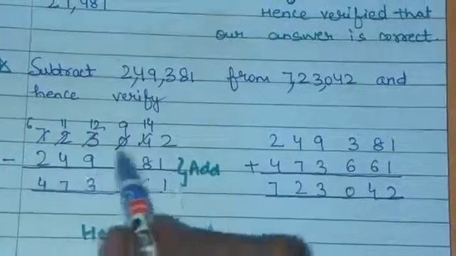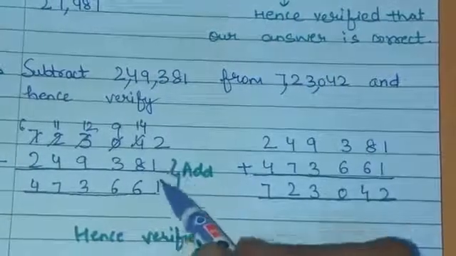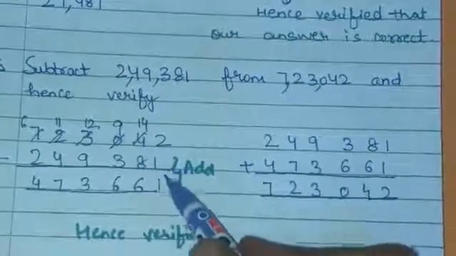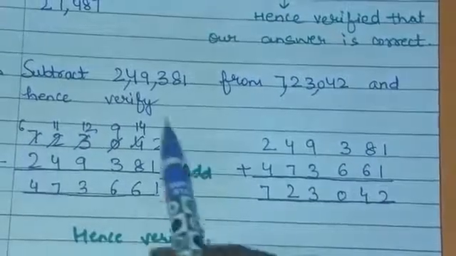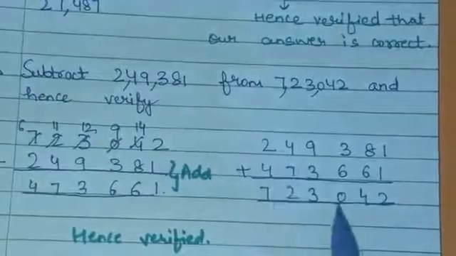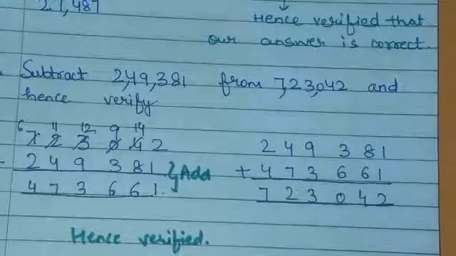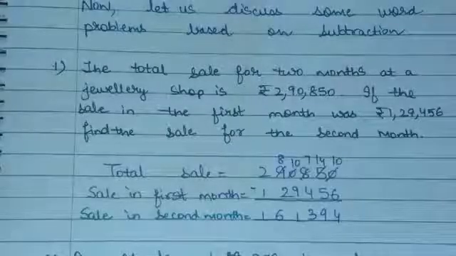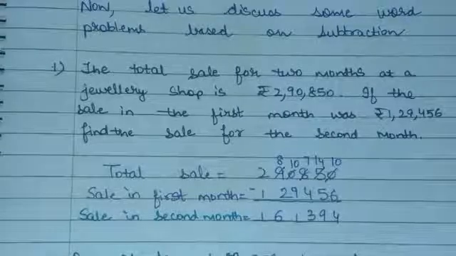Now we add this number to this number, and on adding these two numbers, if we are getting again this number, it means our answer is correct. Clear to all?